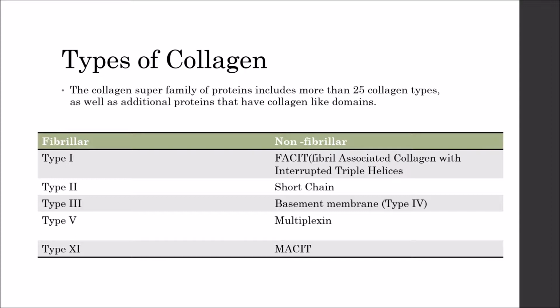For basement membrane, it is collagen type 4. Multiplexin has multiple triple helix domains with interruptions, types 15 to 18. And lastly, MACIT, a membrane-associated collagen with interrupted triple helix.